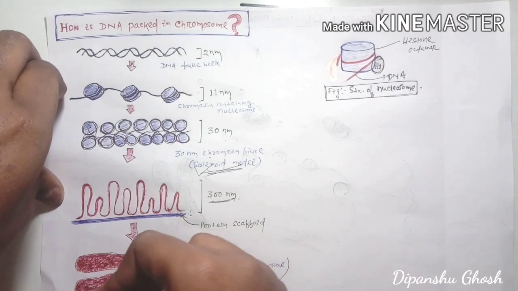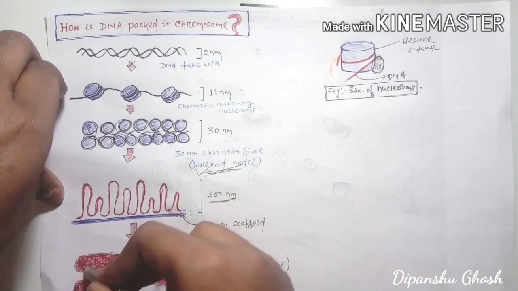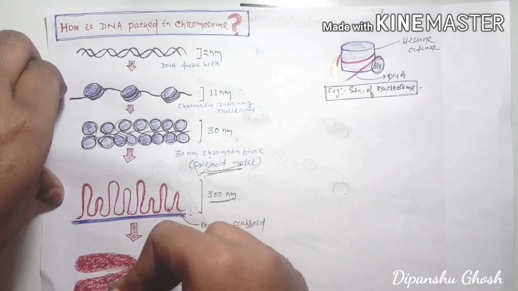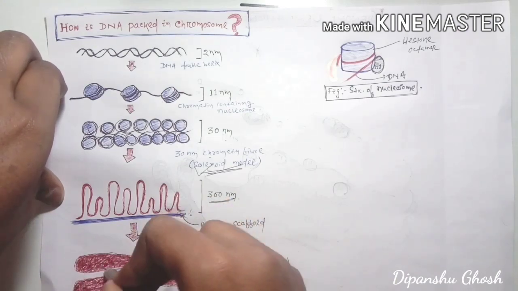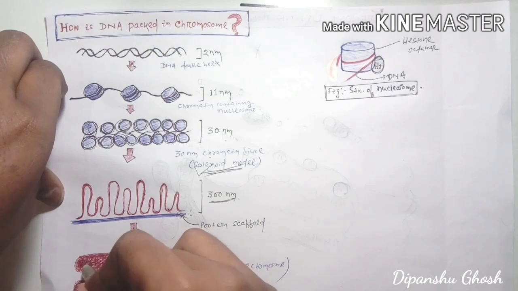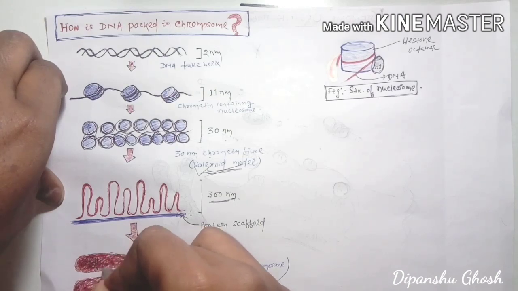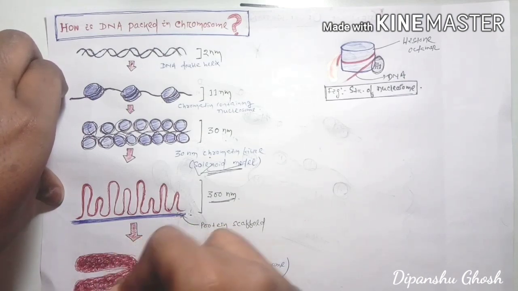If we zoom in on this structure, we find that it is not a plain structure. There are many thread-like structures which are intermingled here. It looks a little bit messy, but this is the case.